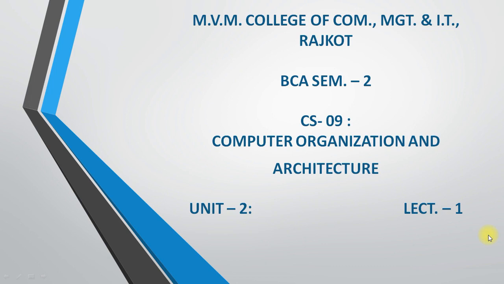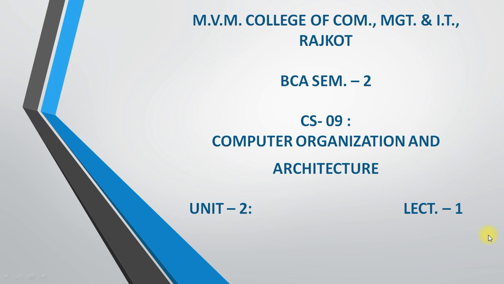So, these are all the topics which we have already covered in unit number 1, and that is the major part of our syllabus. Now, whatever units we are going to study, those units are smaller compared with unit number 1.